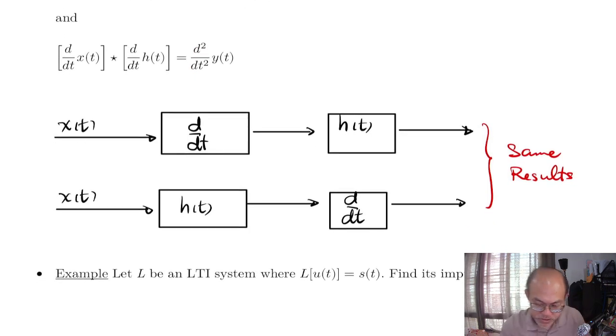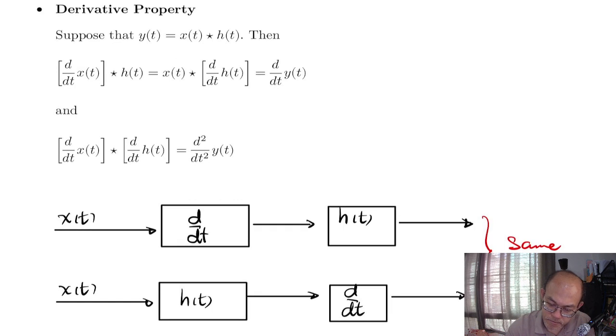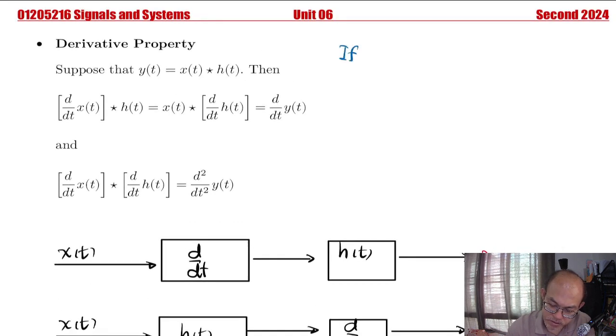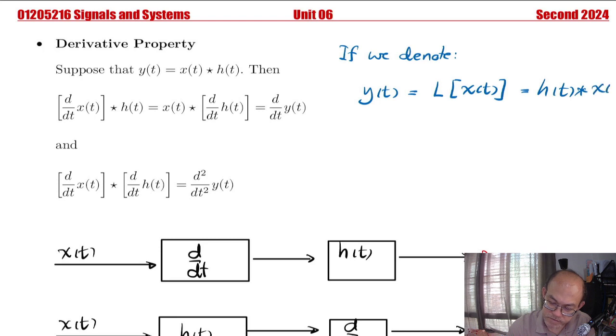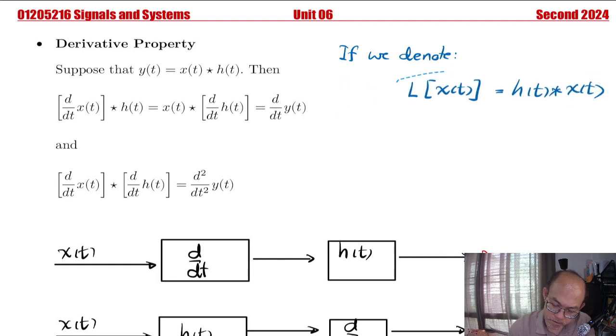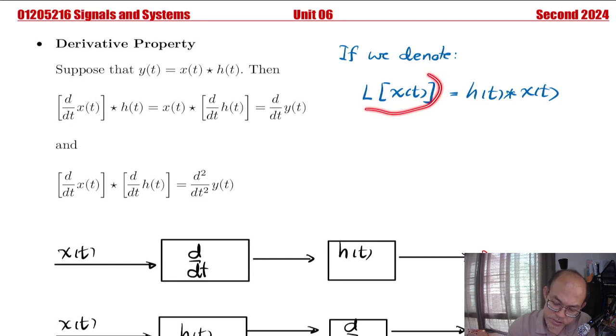Okay, so if we denote y equal to L of x of t, as h of t convolved with x of t, we use this notation to stand for the output from the system when the input is a signal x.